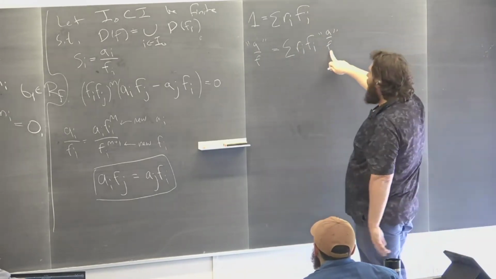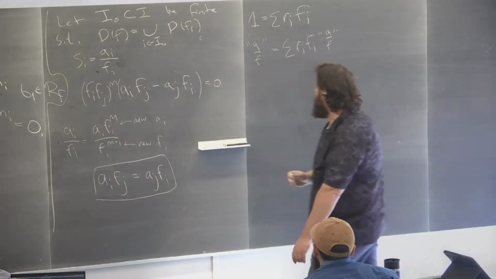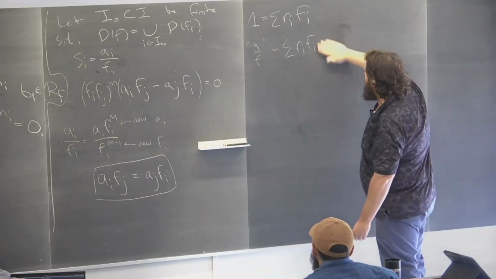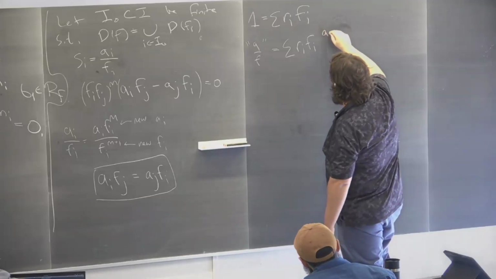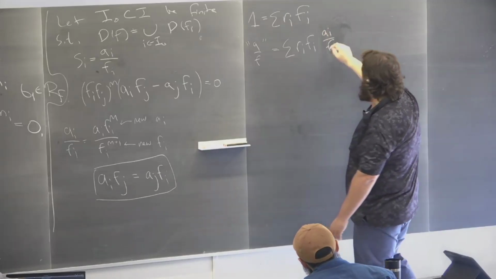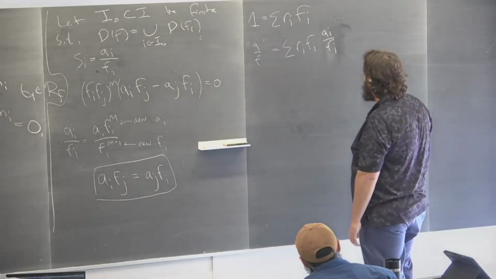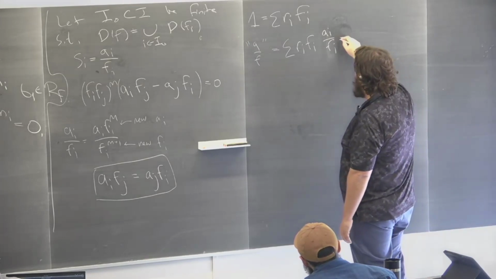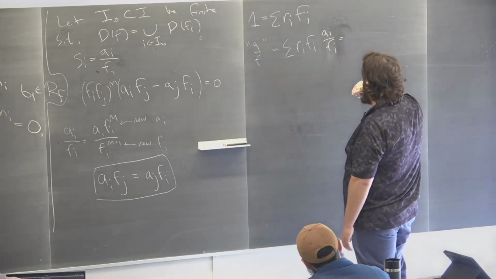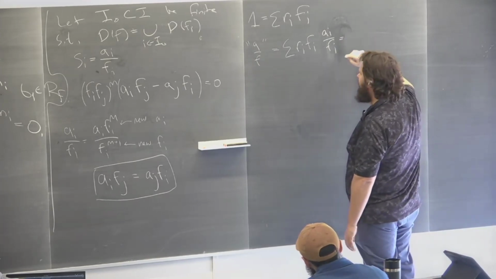Then I would say, oh, right, my A over F is equal to this guy as an element of the localization at Fi. So this is actually equal to Ai over Fi. Oh, great. So my Fi is going to cancel.